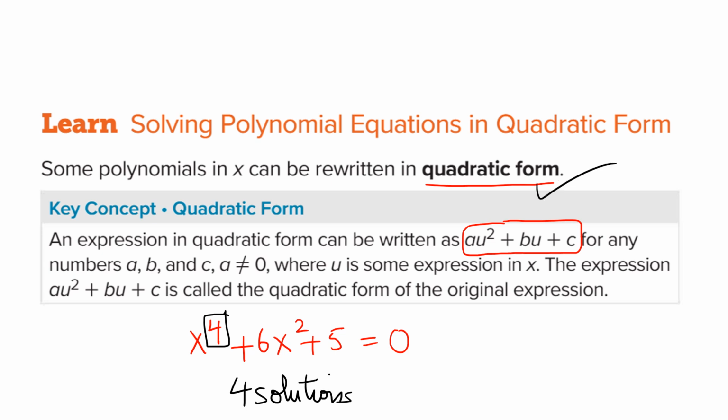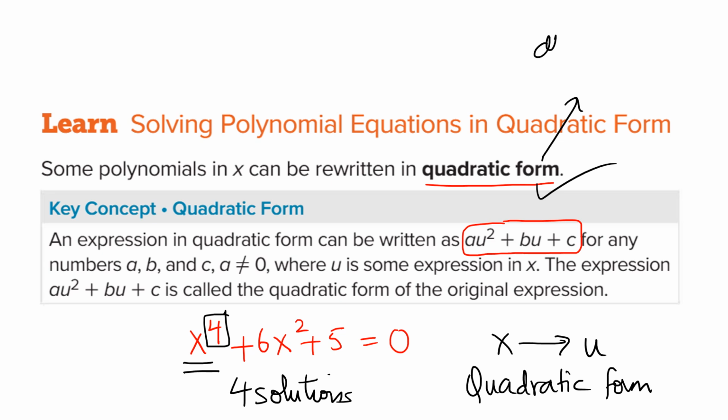So what you will do, you will change your variable from x to u, and you will make it into quadratic form. Quadratic form, I want to repeat, always has degree 2. So you will change this degree 4 to degree 2. You will solve the quadratic form. You may use discriminant, you may use the quadratic formula, you may use factorization, any method, and then give your answer.